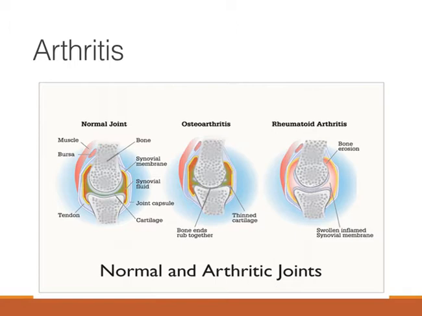With rheumatoid, you have swollen and inflamed synovial membranes, which causes pain and some bone erosion. Usually with any arthritis diagnosis, they're going to start with NSAIDs like ibuprofen. Then they progress to more potent drugs for those people who are showing signs of joint damage.